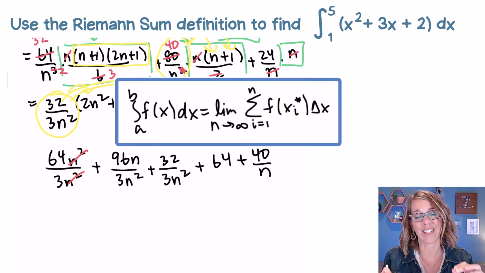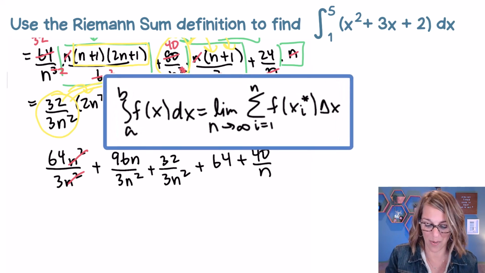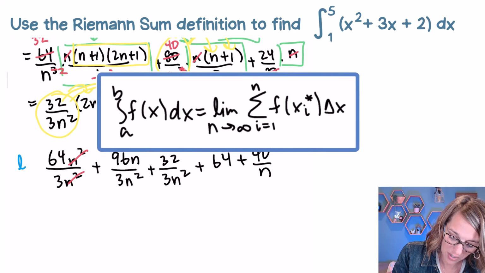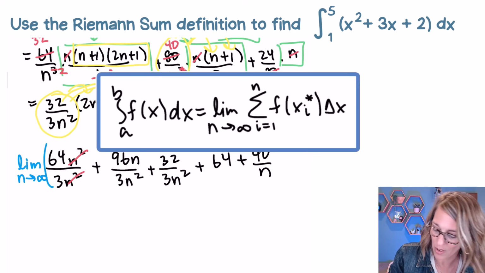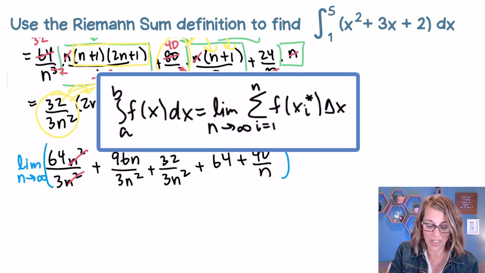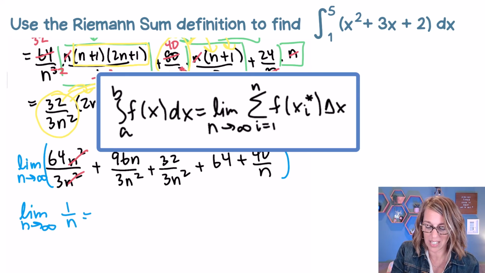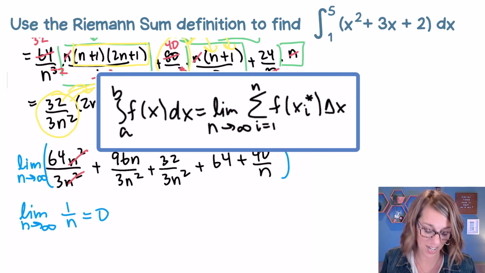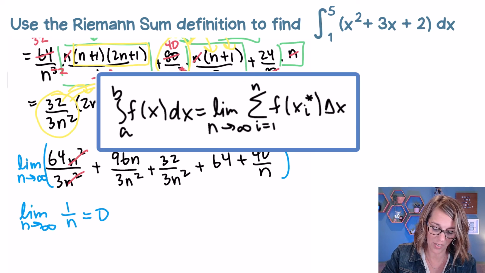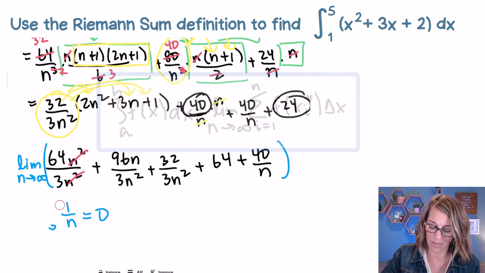This was the last part of the equation for the integral. So I need to apply the limit as n goes to infinity for all of these. Remember that the limit as n goes to infinity of 1 over n is equal to 0. We're going to be using that fact quite a bit as we run through these.